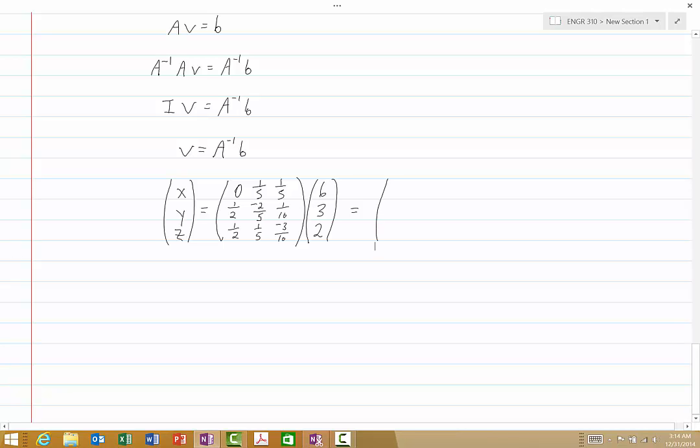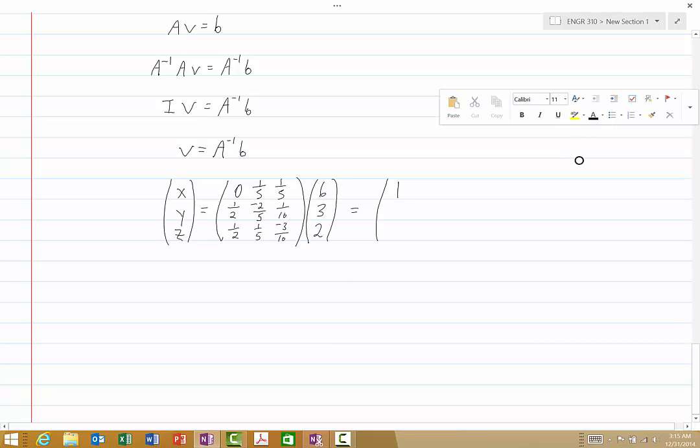When we multiply the first row times this, we'll get 0 plus 3/5 plus 2/5, and that is 1. When we multiply the second row times this column, we're going to get 6/2, which is 3, and then 3 times negative 2/5, so negative 6/5, and finally 2/10. So let's just write that down up here.